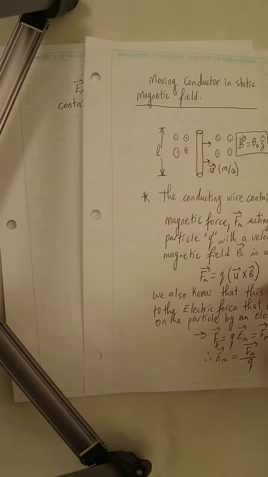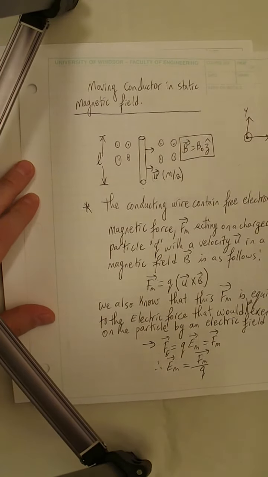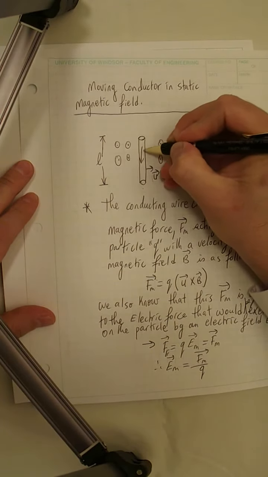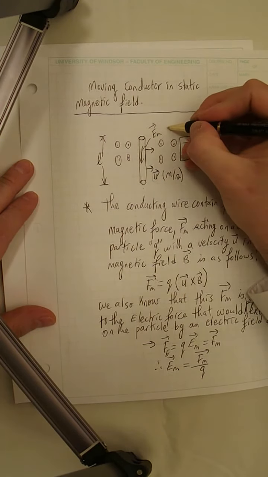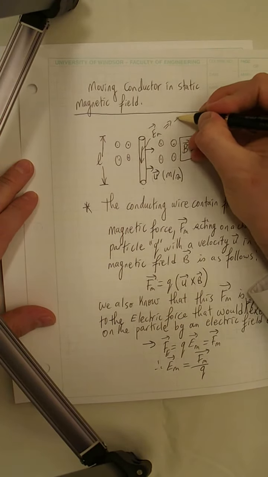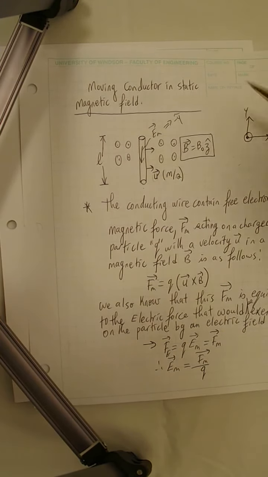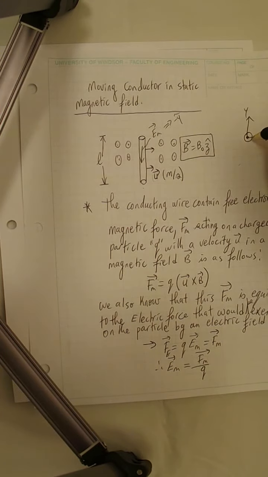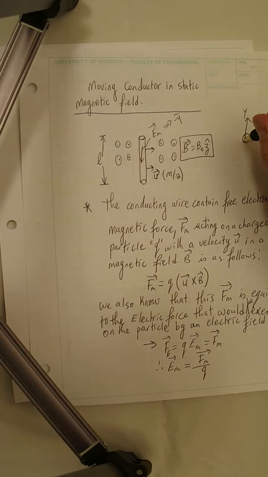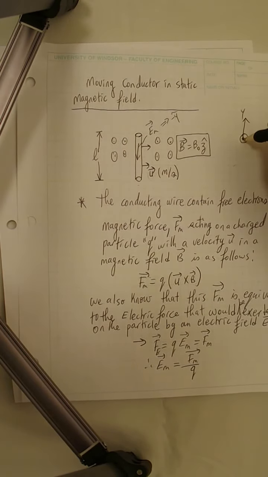So for the wire shown here in our figure, Em is going downwards in the direction of negative y, and the reason is Em is perpendicular to the plane containing the magnetic field B and u, as I said.